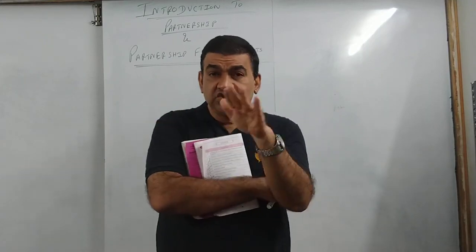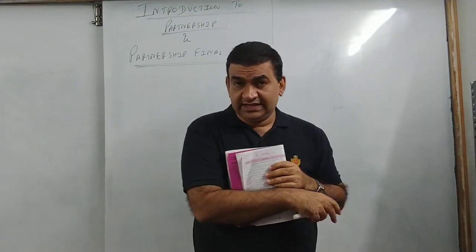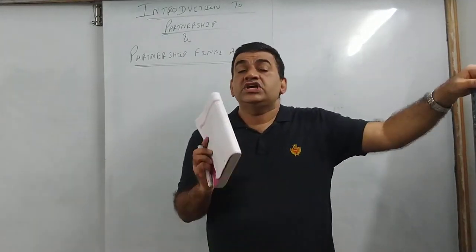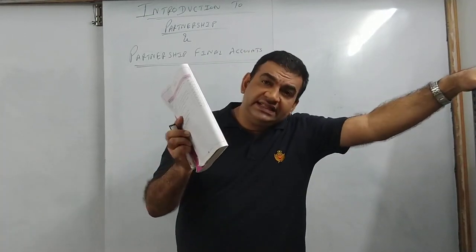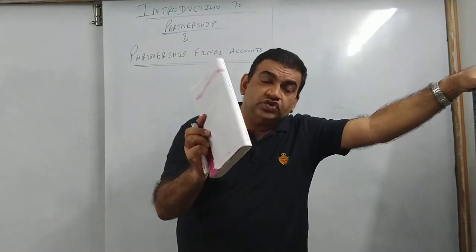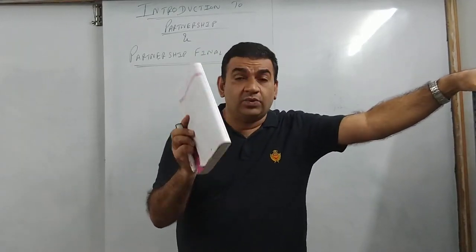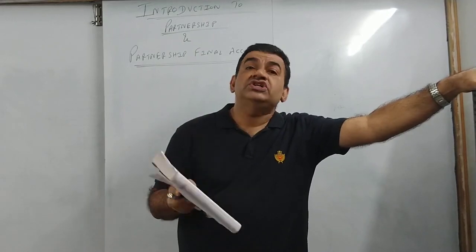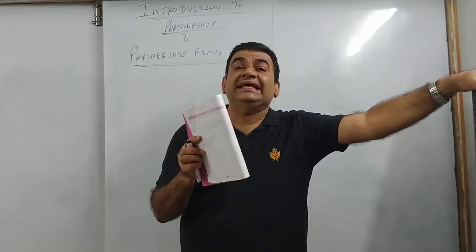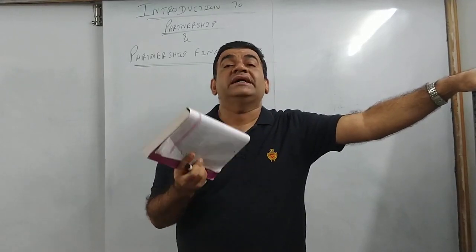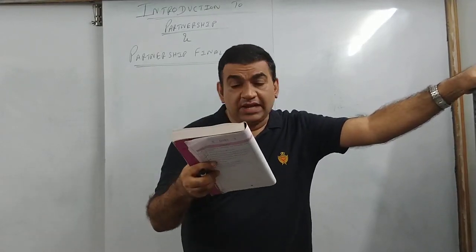If the ratio is not mutually decided by the partners, then in that case the ratio is assumed to be equal. If the partners do not decide the ratio in advance, then the ratio will be assumed to be equal.